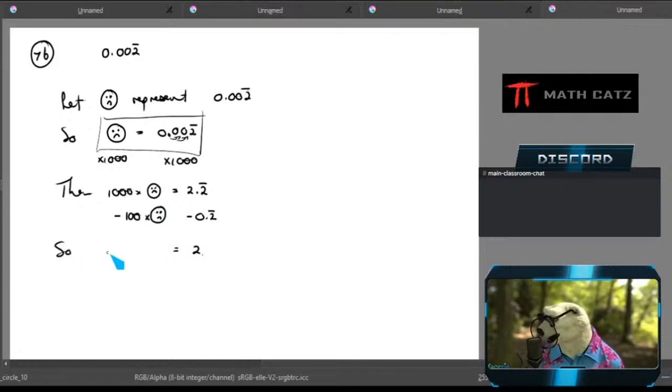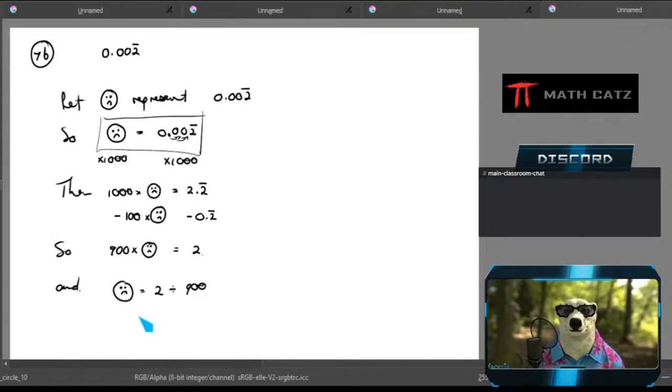And so I have 900 sad faces left. Multiplication sentence turned into a division sentence. Sad face equals 2 divided by 900. Obviously, 900. And my fraction is 2 over 900.